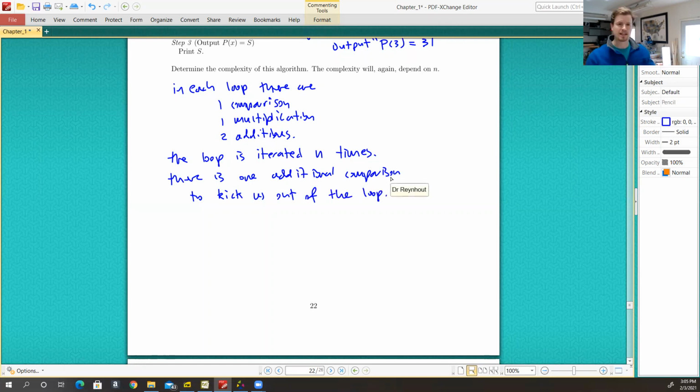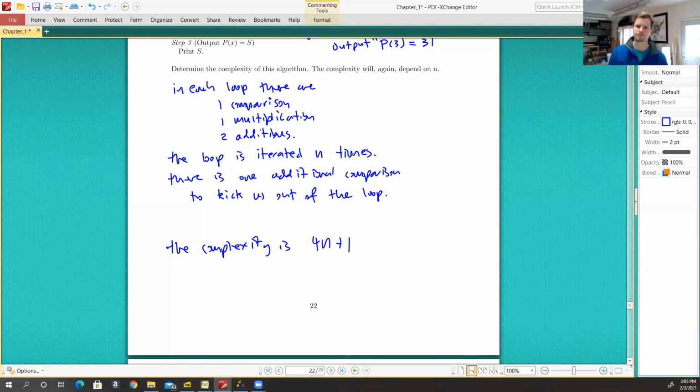Once that last comparison is made and that inequality is no longer satisfied, that kicks us out of the loop. So that's 1, 2, 3, 4 elementary operations done n times. So the complexity is 4n operations done in the loop, plus the one additional comparison to kick us out of the loop. And then no more elementary operations are done.